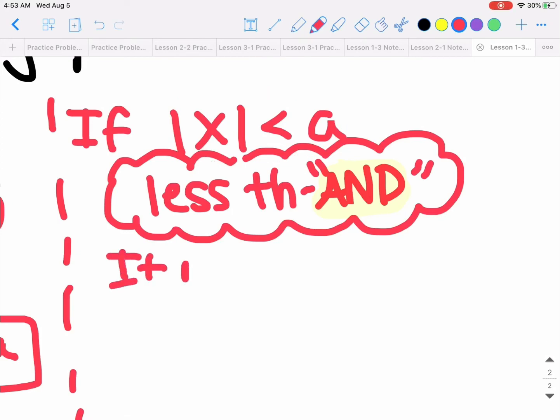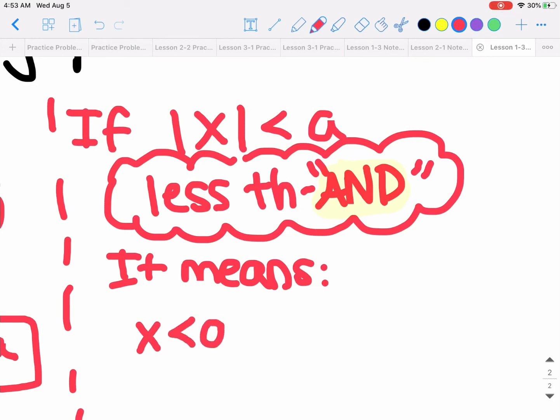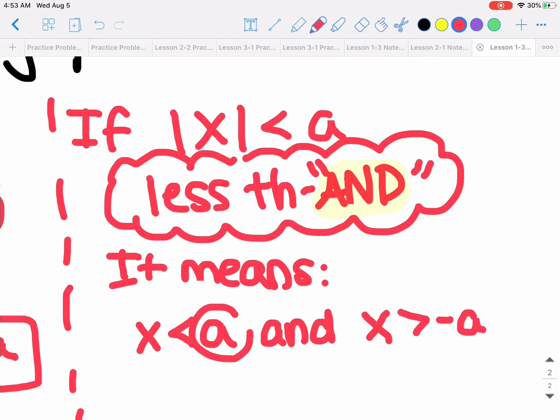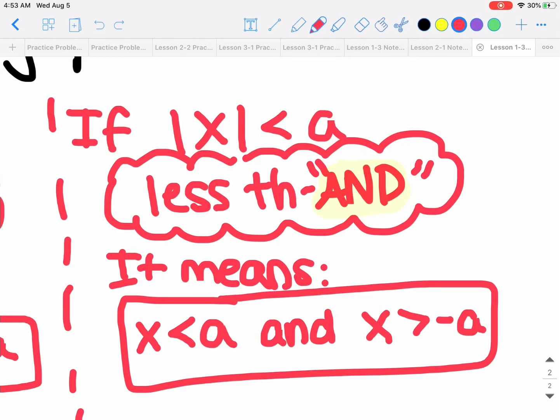So if the absolute value of x is less than a, it means x is less than a and x is greater than the opposite of a, negative a. Okay, so this is what I'll write.